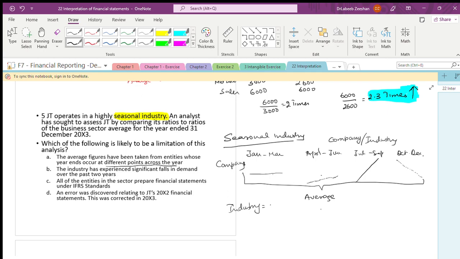All the entities in the sector prepare financial statements under IFRS standards. All what they are saying, all the entities in the sector prepare financial statements. See, that is not the case as such. There is no blanket rule that all will prepare.